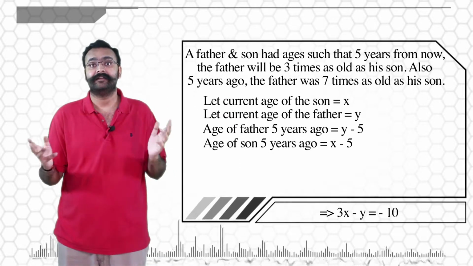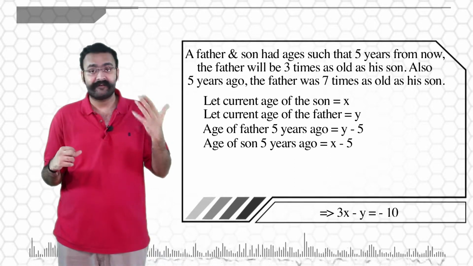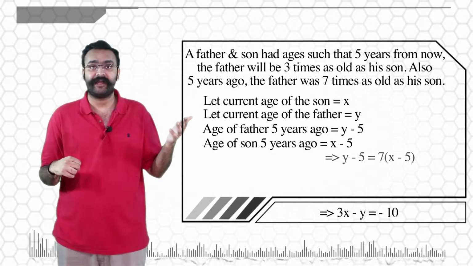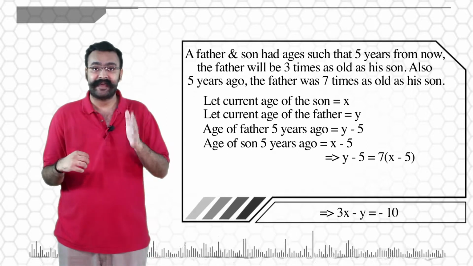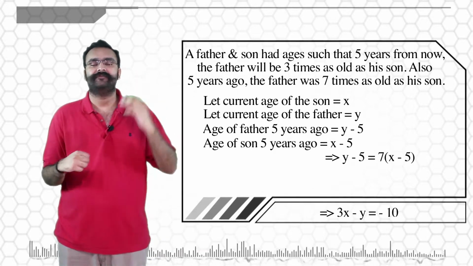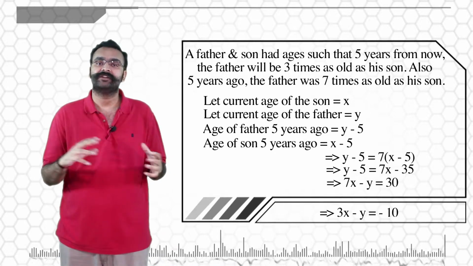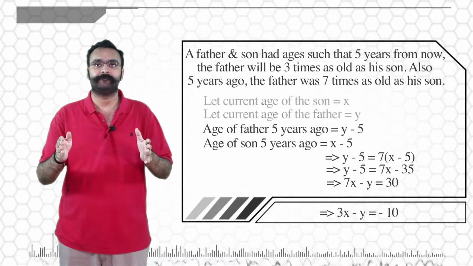And again, the relationship is that 5 years ago, the father was 7 times as old as his son, which means Y minus 5, his age 5 years ago, is equal to 7 times X minus 5, his son's age 5 years ago. Again, open the brackets, shift around a little bit and get to our linear equation.